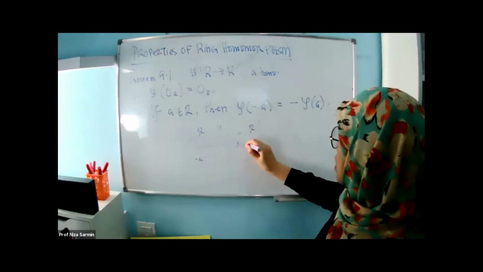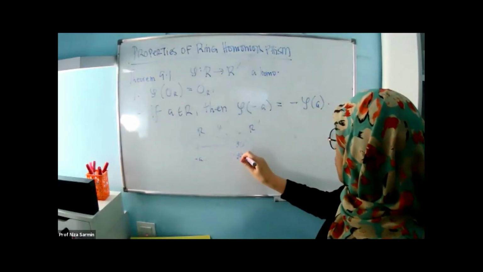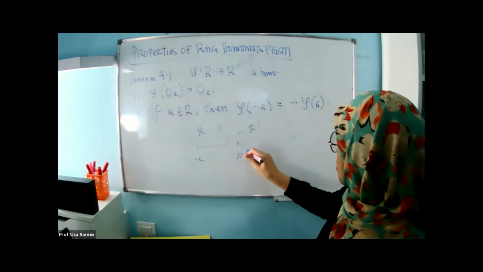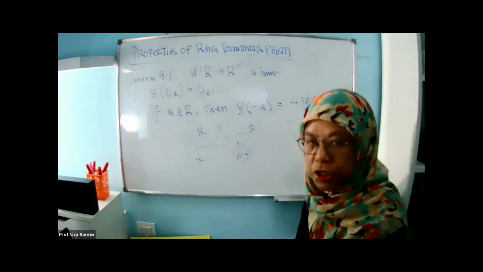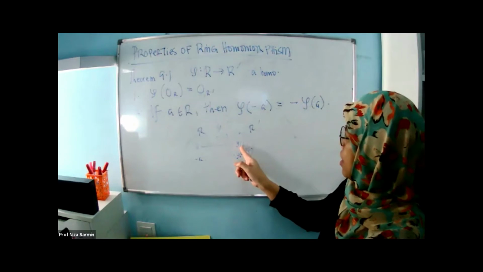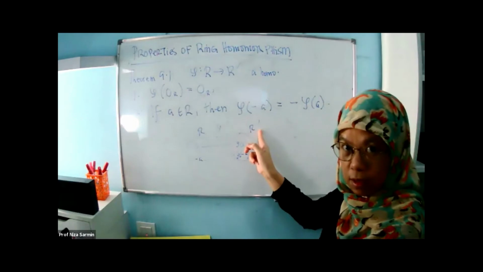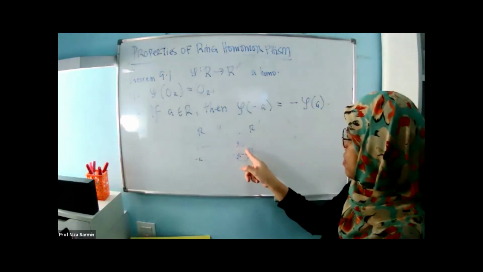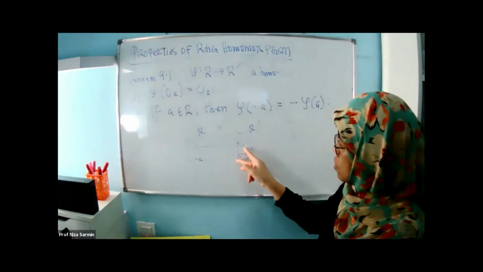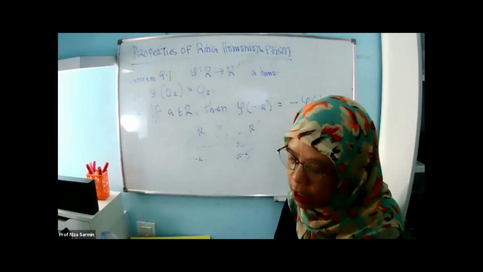There is the image here, and phi of negative A is actually the negative of phi of A. For every image phi of A in R', which is a ring, there's also an additive inverse, and the additive inverse negative phi of A is actually equal to these two, right? Exactly.